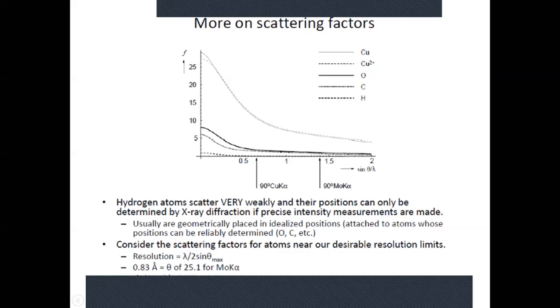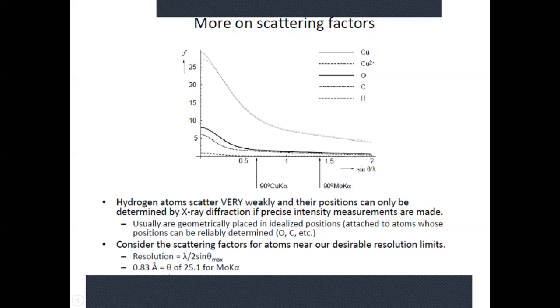Even hydrogen has just a little bit of scattering ability when using copper. When we go to molybdenum, the scattering ability of copper and copper 2+ has decreased compared to copper radiation, and carbon and oxygen have slightly less scattering ability. One thing to notice is that hydrogen has almost zero scattering ability when using molybdenum radiation.